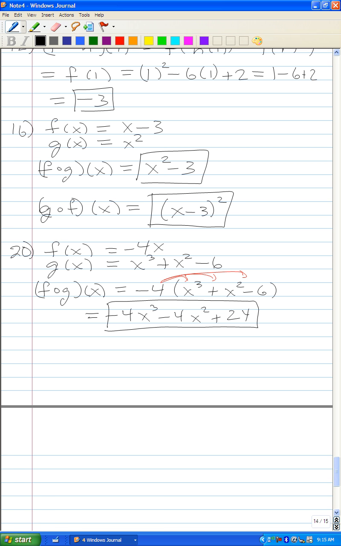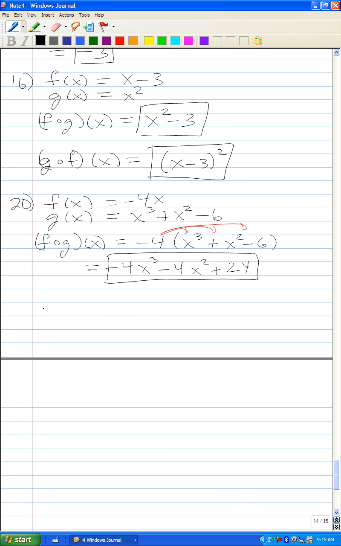Let me compute g composed with f at x. So wherever I see an x in the formula for g, I'll replace every x by the formula given by f. So I'll replace x by negative 4x. And so I get negative 4x cubed plus negative 4x squared minus 6.